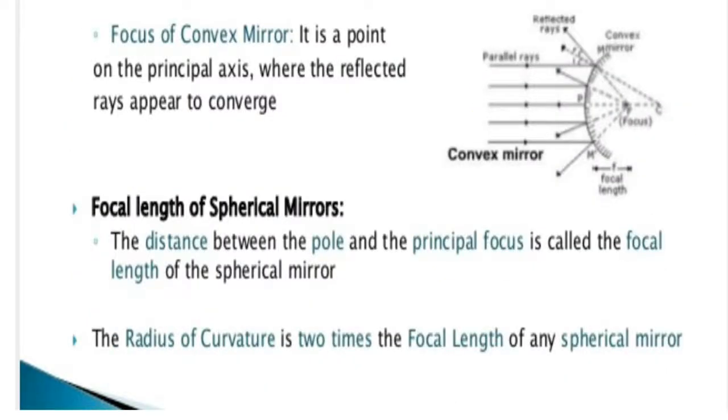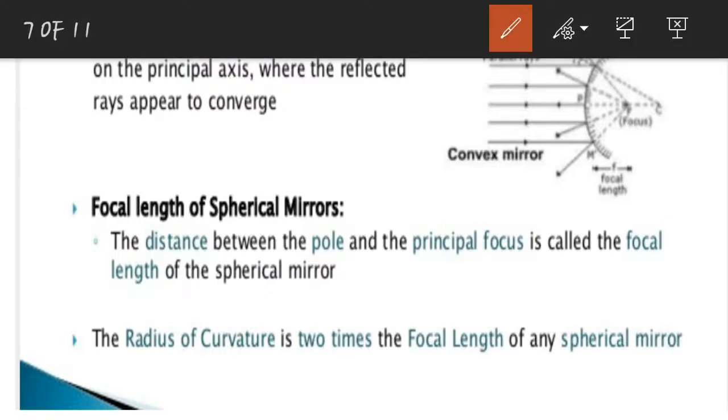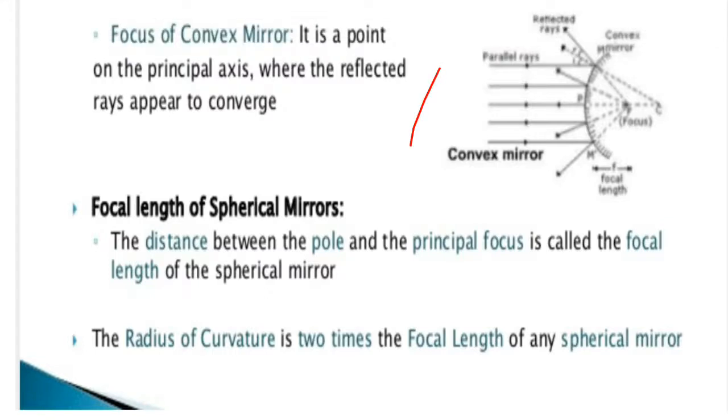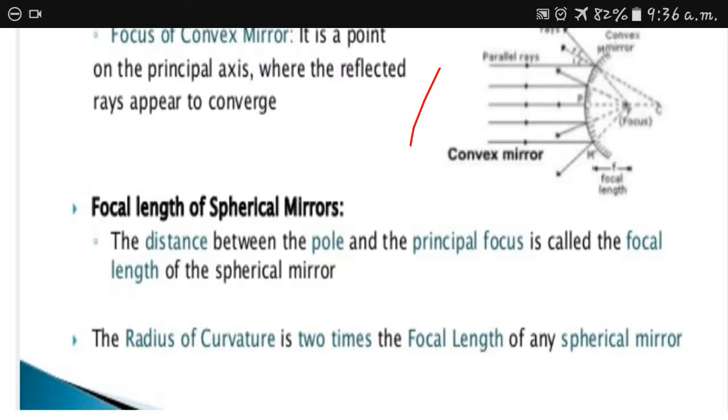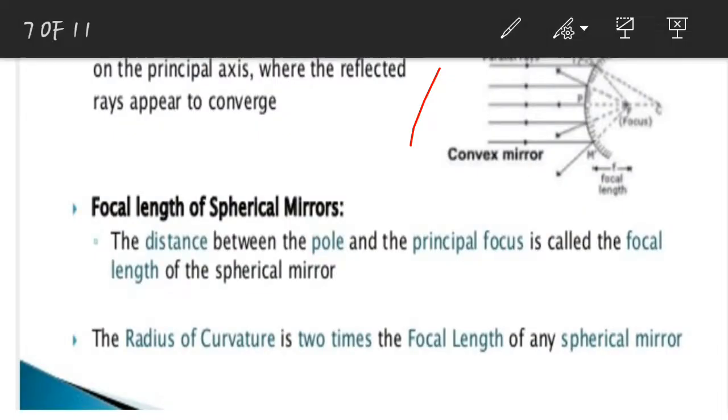Then when we come to a convex mirror, the focus is a point on the principal axis from which the rays appear to diverge after reflection. This you have to draw so that you can understand with me.